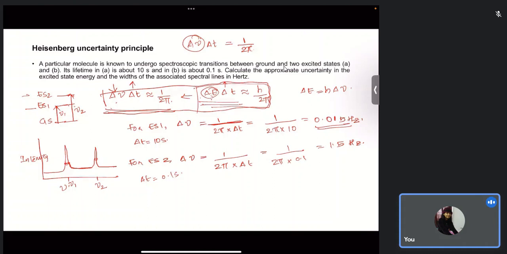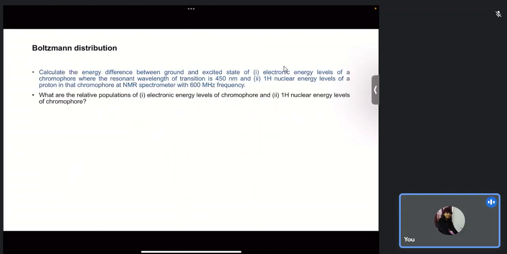The last problem that I would like to address today is about the Boltzmann distribution, as it relates to the population of different molecular states. We have been asked to calculate the energy difference between the ground and excited state of electronic energy levels of a chromophore where the resonant wavelength of transition is 450 nanometer.